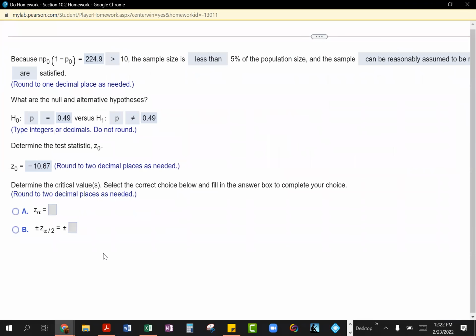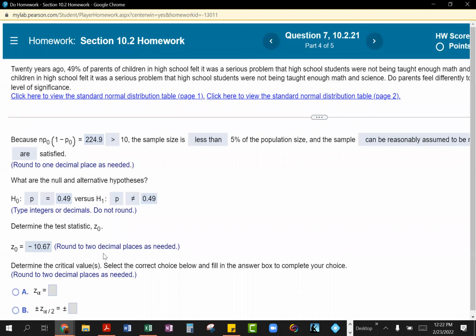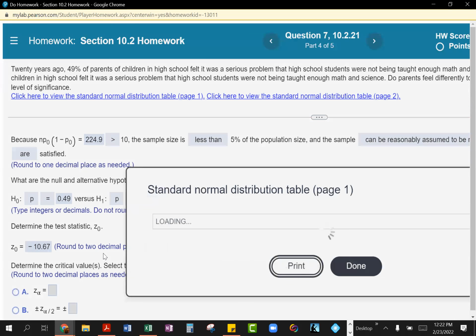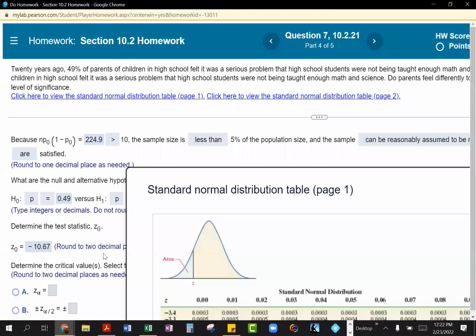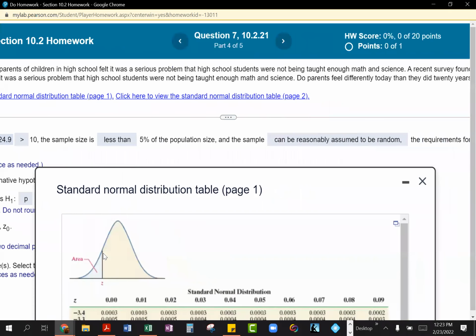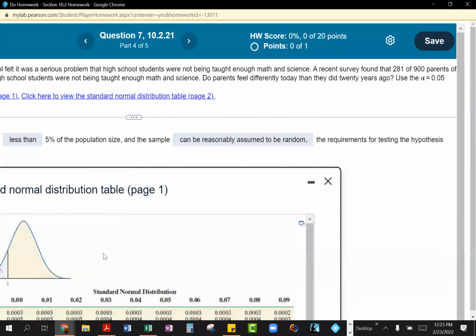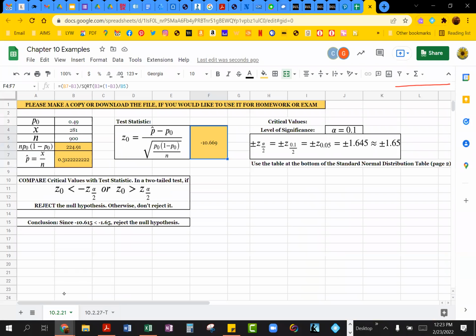So you've got your test statistic, and now they're asking us to determine our critical values, and that will obviously come from our table over here. For the critical values, we will have to use the alpha value they gave us, for the level of significance. They said use the alpha value of 0.05, so we actually need to do that first.